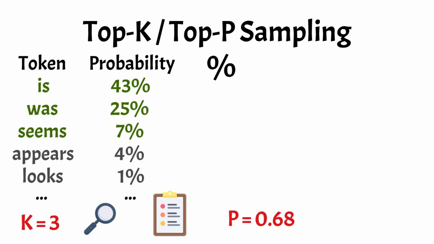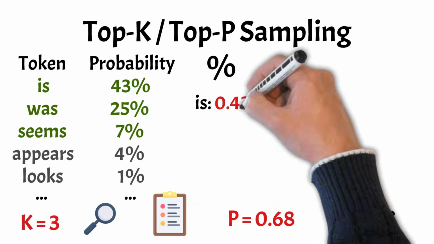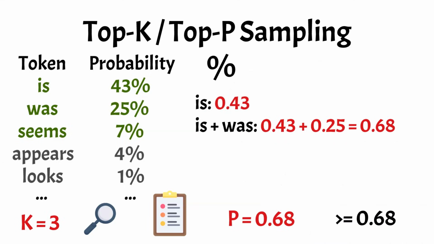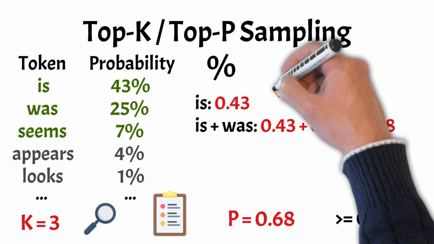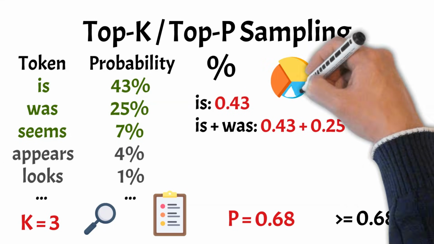Top P sampling takes a different approach. Instead of picking a fixed number of tokens, it forms a dynamic set whose combined probabilities add up to a target percentage. With P set to 0.68, the model keeps adding the most likely tokens until their total is greater than or equal to 0.68 or 68%.